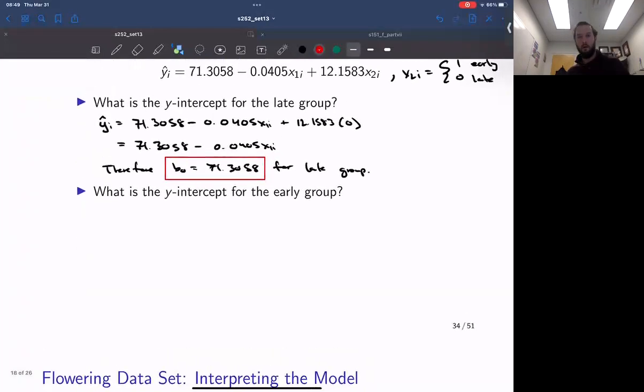Okay, so what about for the early group? In this case, we're just going to shift the intercept by the coefficient for x2.